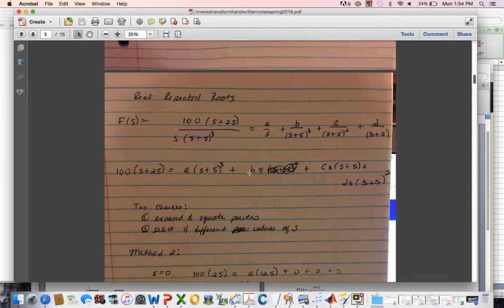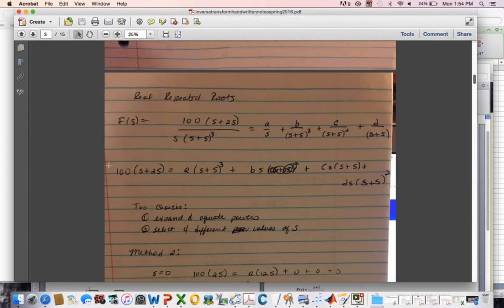Now there are 2 choices here for how to solve. One is you can basically expand the right-hand side, and you'll have terms in s cubed, terms in s squared, terms in s, and terms that are constants. And then you use the trick that says if I have a polynomial on the left-hand side and a polynomial on the right-hand side, the coefficients of the same order terms have to be equal.